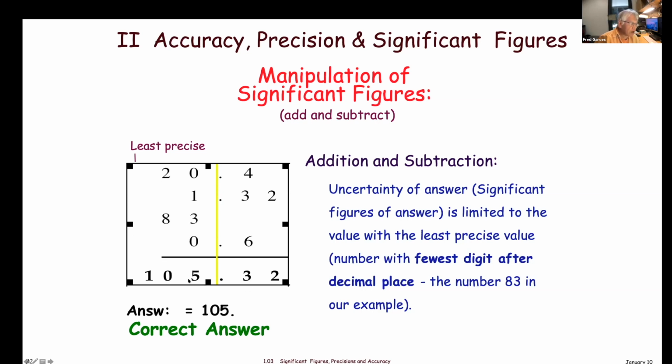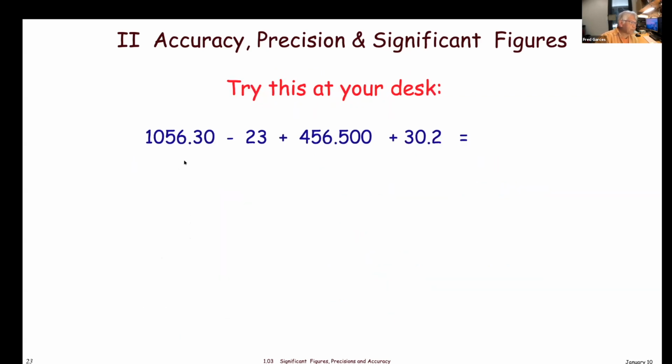You're not going to write 105.32 plus or minus 1, because 105.32 is plus or minus 0.01. That's not true for 83. So in addition and subtraction, you always look for the least precise, and you're always rounding off based on that number.